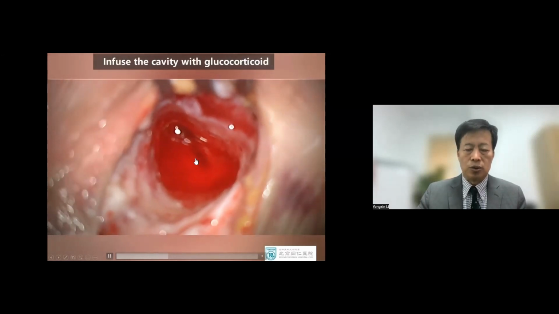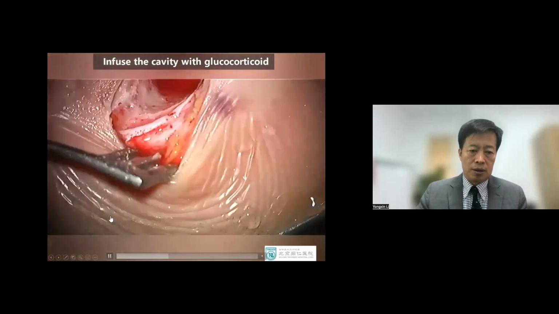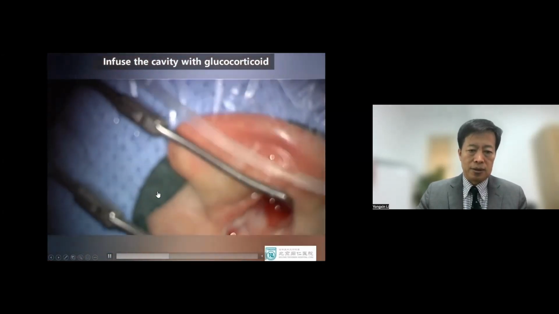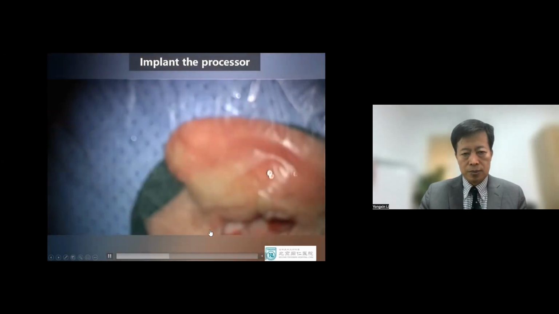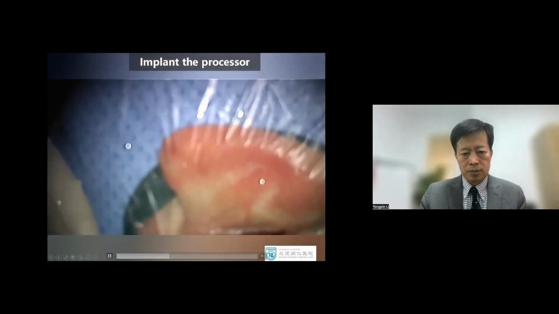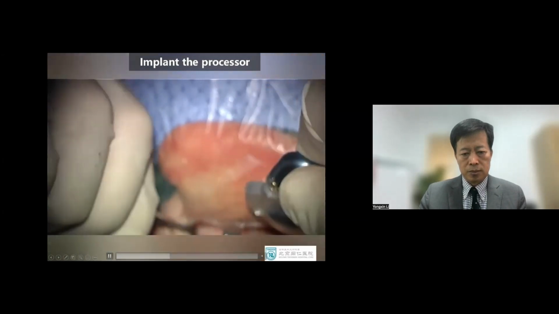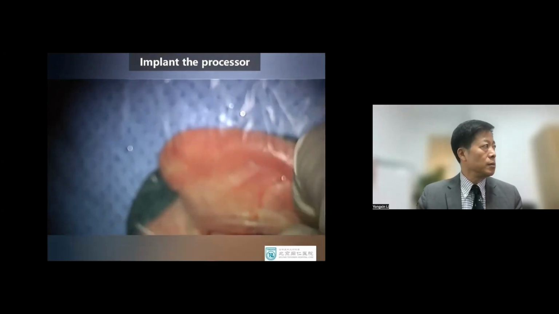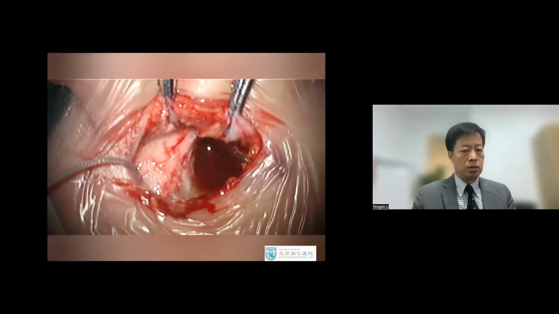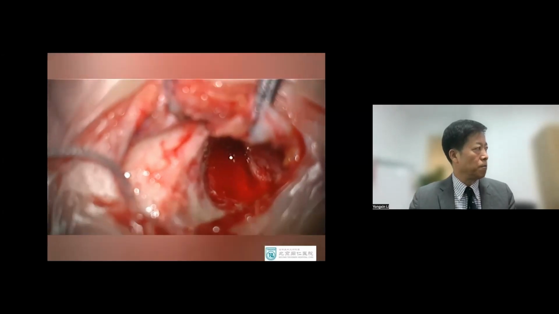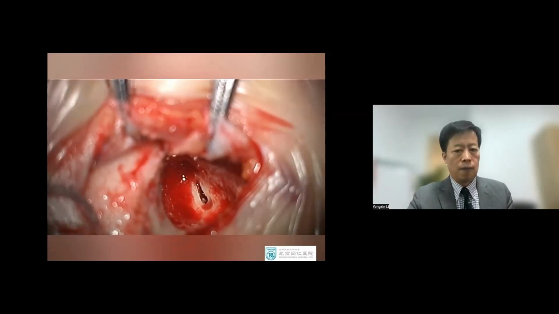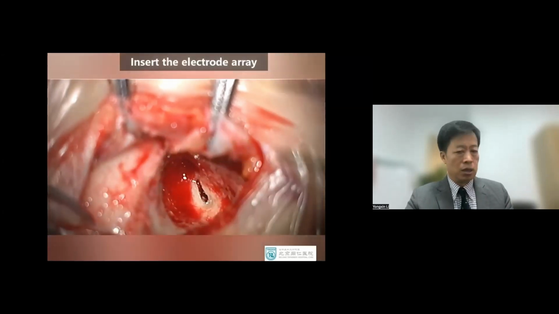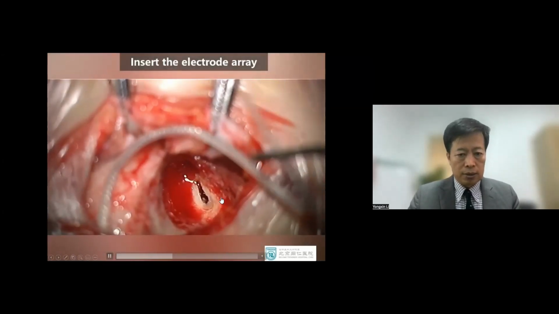Yeah, this is sterol. Then we put the cochlear into the bed. So you can see it here.